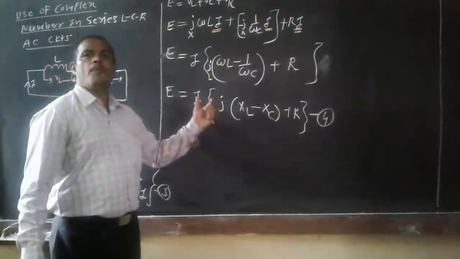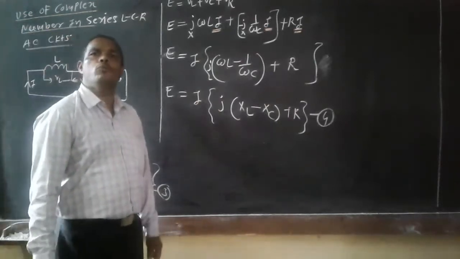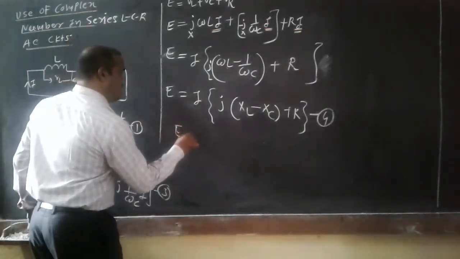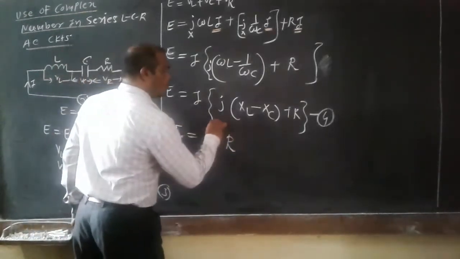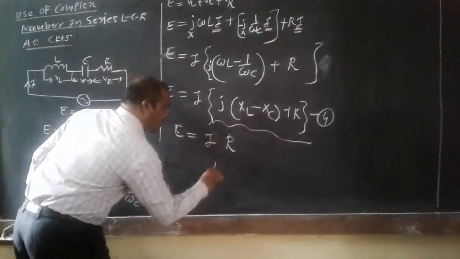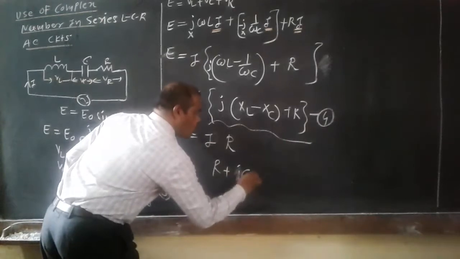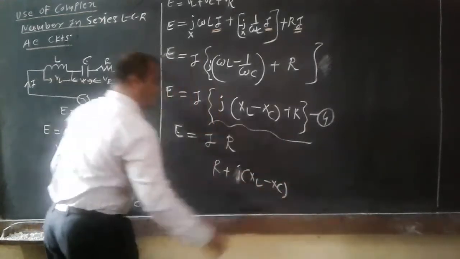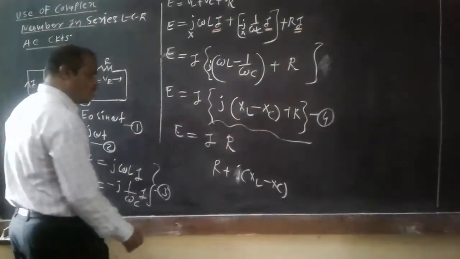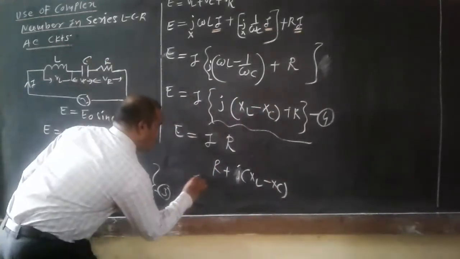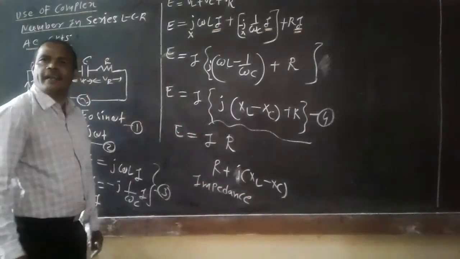Now we can compare equation 4 with the standard form of Ohm's law, that is E equal to I R. So the quantity R plus j into XL minus XC is called the impedance of the series LCR circuit.